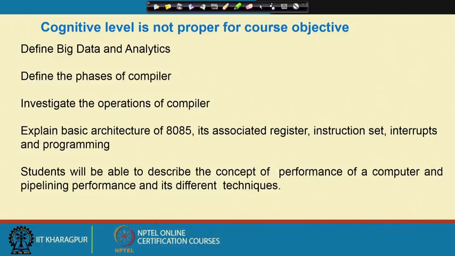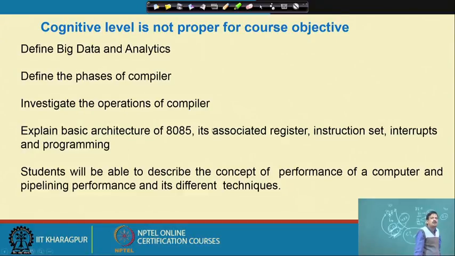Next, see, the cognitive level is not proper in this course objective: "Define big data and analytics." If this is one of my course outcomes, is anybody interested in doing this course? Define big data and analytics can be done in one class, but if that is my takeaway at the end, then I am not interested in that course.